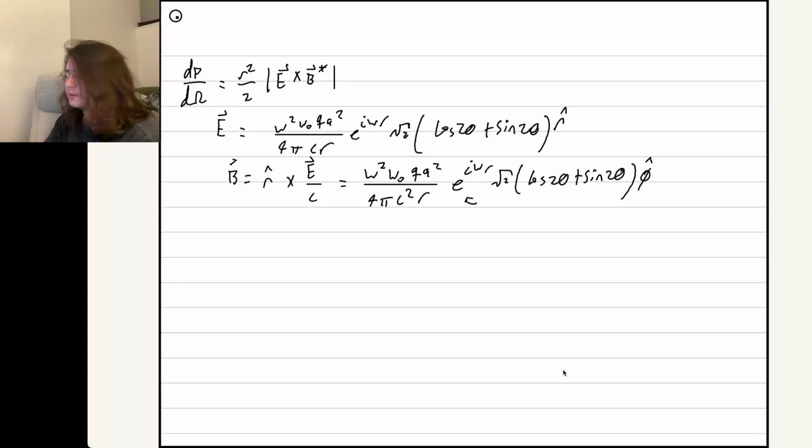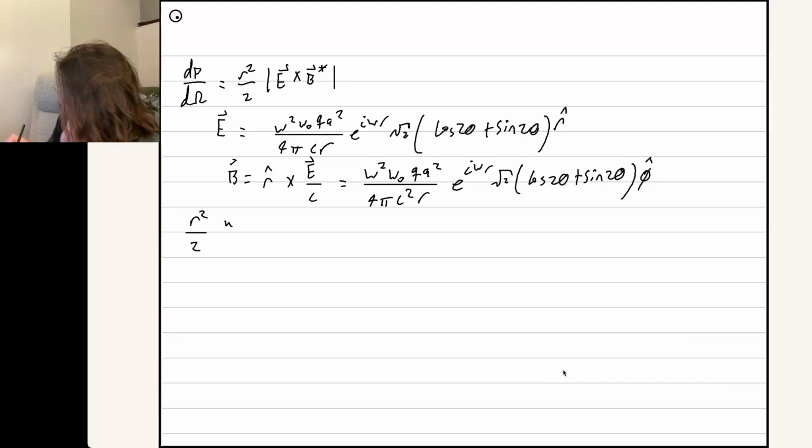I realized while I was editing this that my video feed cut out when I was squaring the E and B fields, so I'm going to do it here. So that's going to be just r squared over 2. We're doing the angular distribution of the radiated power.